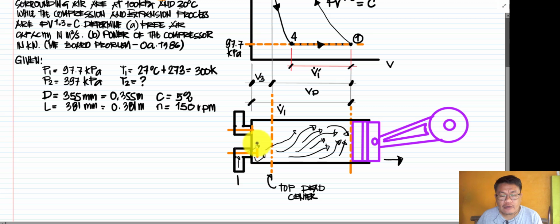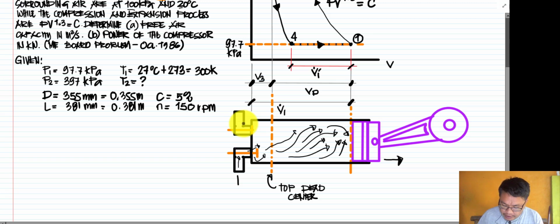The main purpose of having the top dead center and the clearance here is so that the piston will not hit the opening valves, the intake valve and the discharge valve. So there will be a clearance, depending on the percentage.